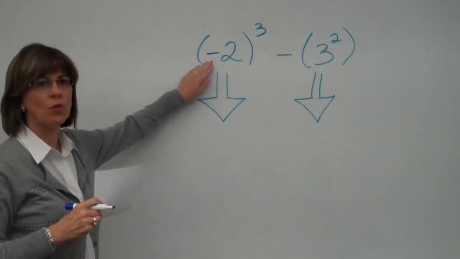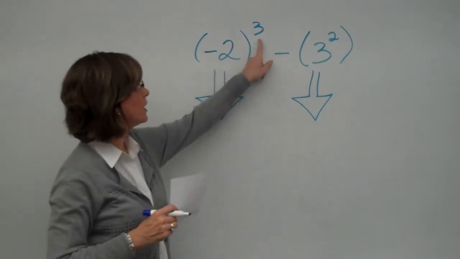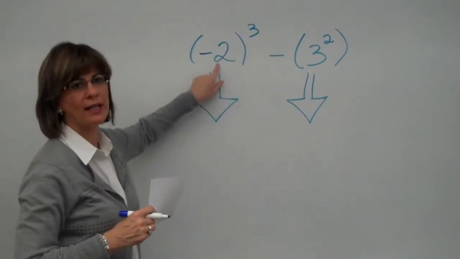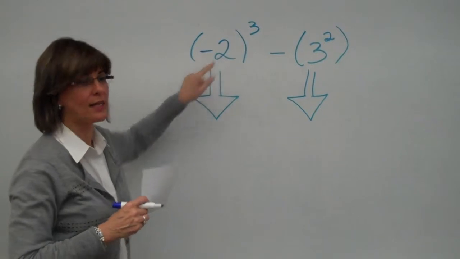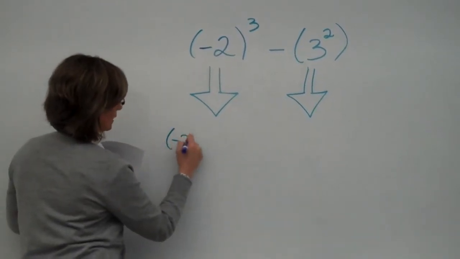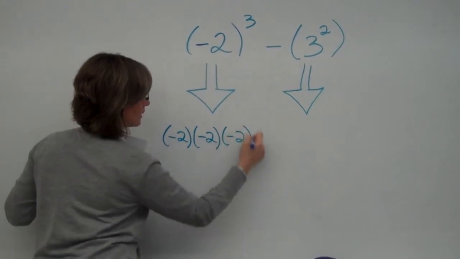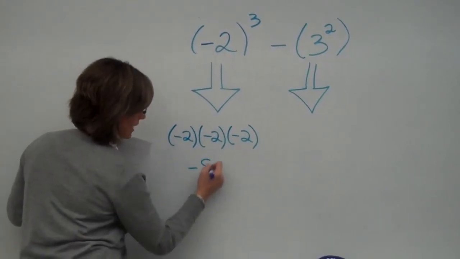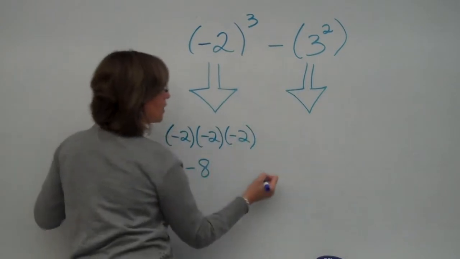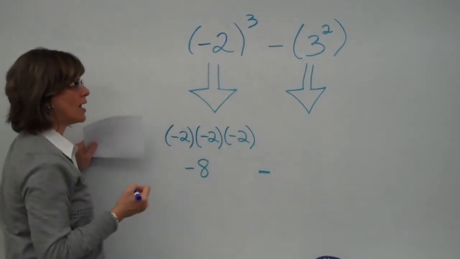So in this case, what does the exponent belong to? Does it belong to 2 or negative 2? It belongs to negative 2. So it would be negative 2 times negative 2 times negative 2, which gives us negative 8. It's subtraction, so I'm going to bring down that subtraction sign.